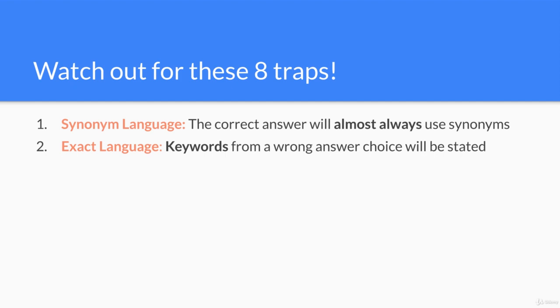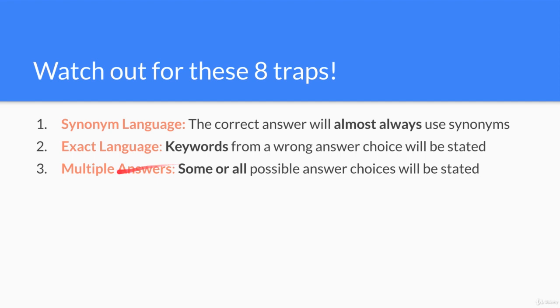But they're going to throw around exact words from the wrong answer choices in order to trick you into picking the wrong answer. So this is why it's so important to understand the meaning of the question and not just pick an answer because you hear the exact same keyword. So always pay attention to the meaning that is being conveyed.